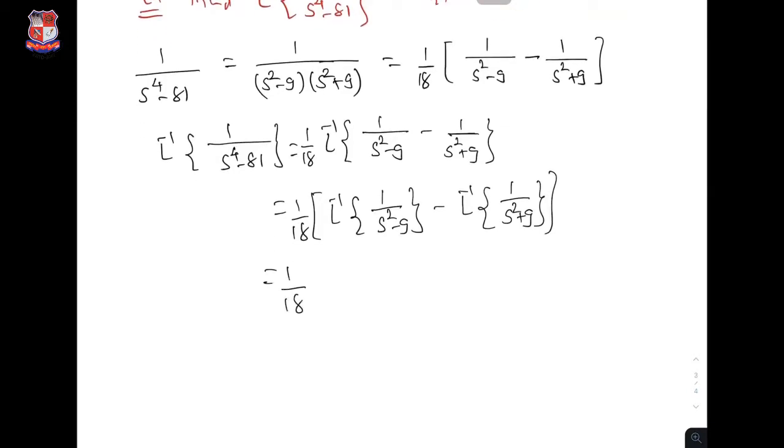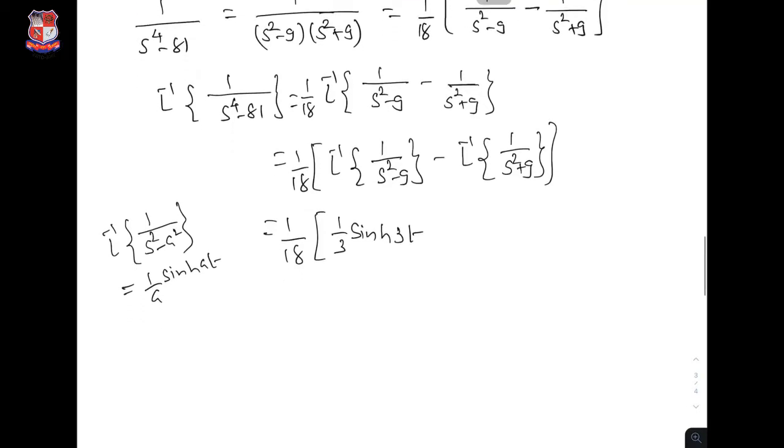Now this is a standard formula: the inverse Laplace transform of 1 over s square minus a square equals 1 over a sine hyperbolic at. So this is 1 over 3 sine hyperbolic 3t, and the inverse Laplace transform of 1 over s square plus a square equals 1 over a sine at.